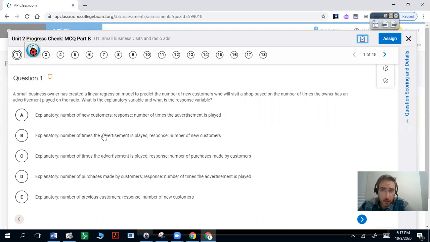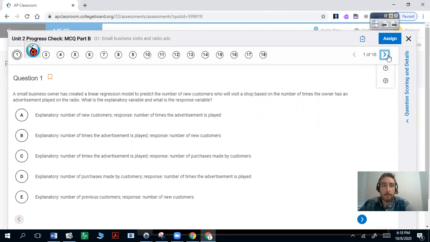The explanatory would be based off of the number of times the owner has an advertisement on the radio. So the advertisements predict the number of customers. So it would be this one, number of times the advertisement is played, versus the response variable, number of new customers.